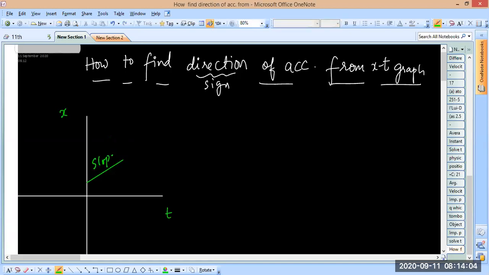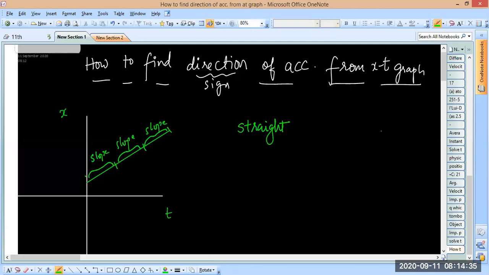Whether I take this part of the line or this part or this part, the slope is the same. That is because this is a line and a line is always straight. That's why the slope here and here and here is all the same.